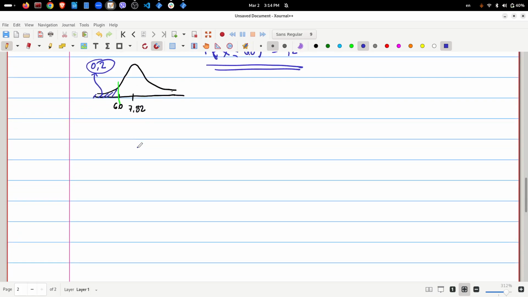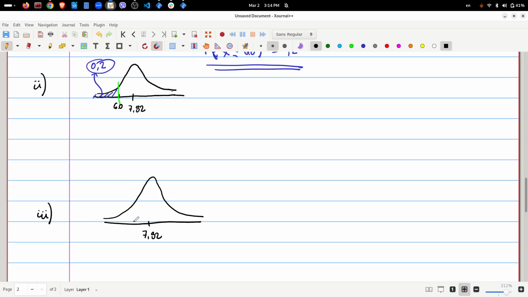Let's see another example. So this was example 2, then example 3. Again, we have the same thing. The distribution of all average marks is here.